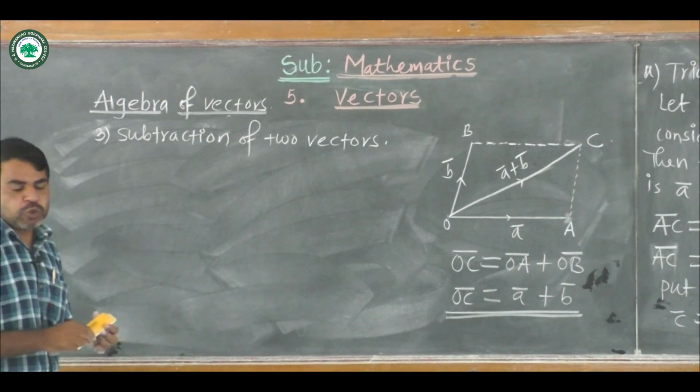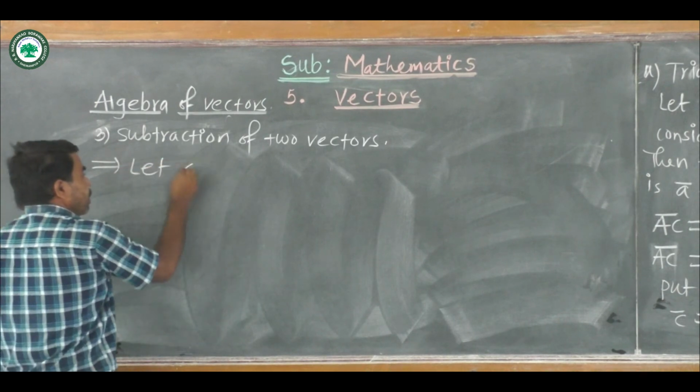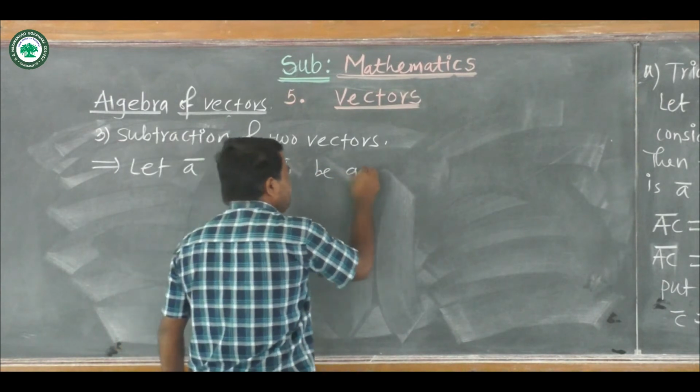Subtraction of two vectors. Let A bar and B bar be any two vectors.